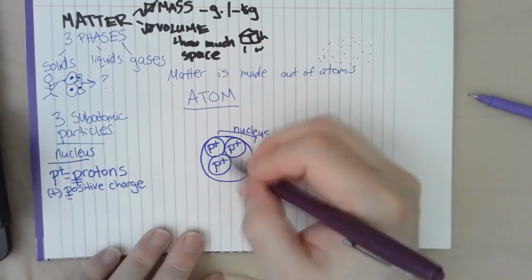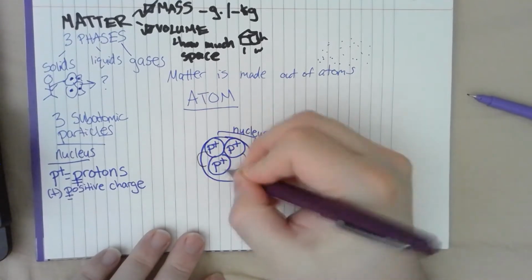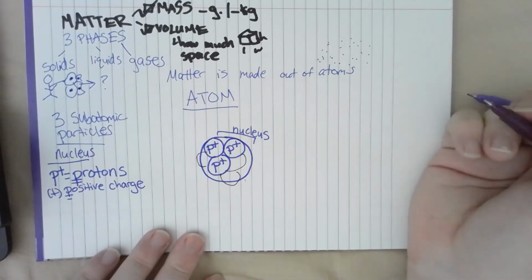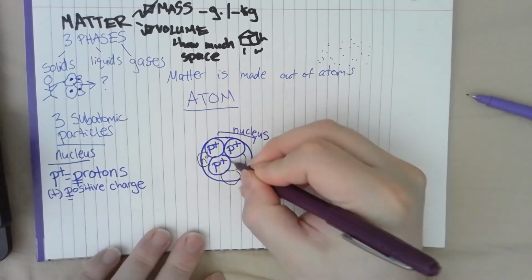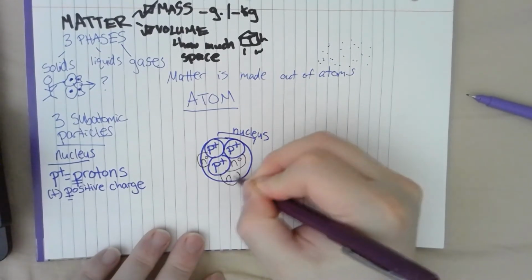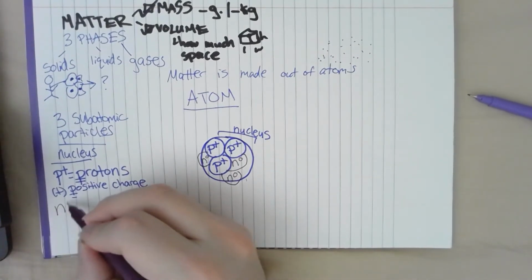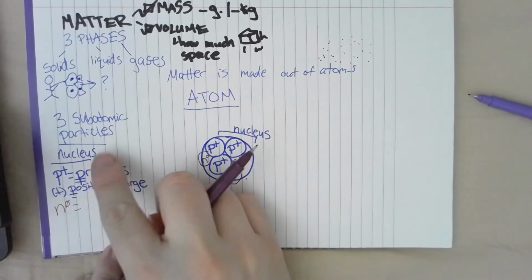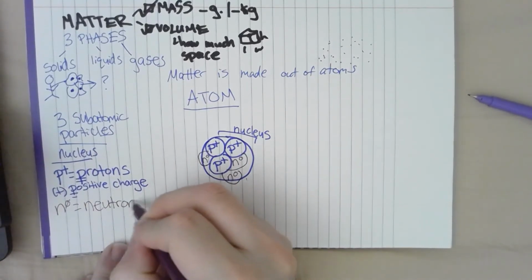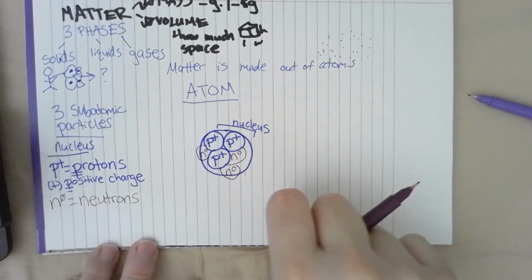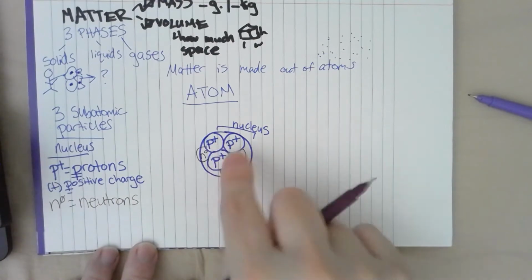I am still inside the nucleus. Let me draw a couple more circles. Now I'm going to write N0, N0, N0. We call this particle neutrons. Neutrons are inside the nucleus with protons.